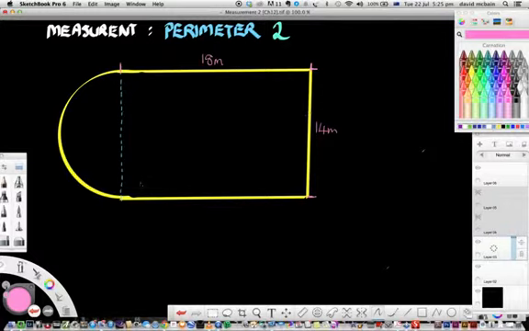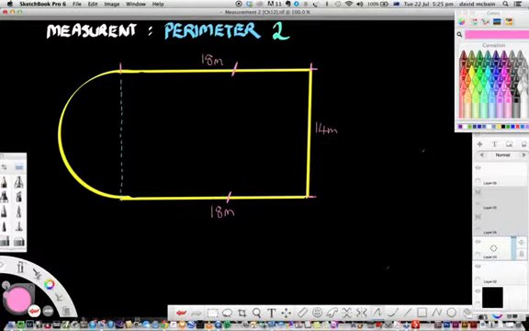Well, the first thing we need to hopefully see is that if this side here is 18, then, and I'll just make that clearer by using those strokes, then this side is also going to be 18. So both those sides are 18. And this is a rectangle, remember?